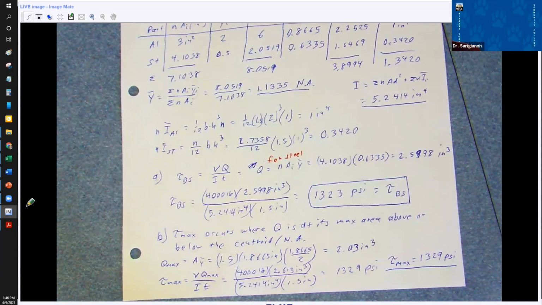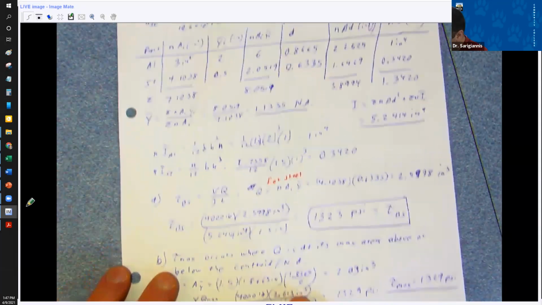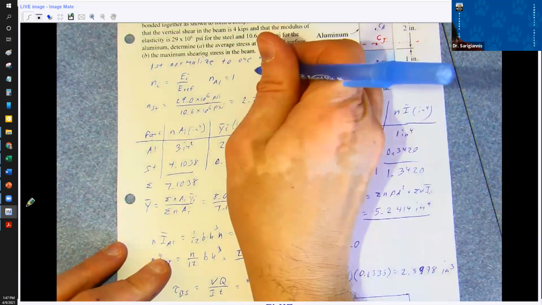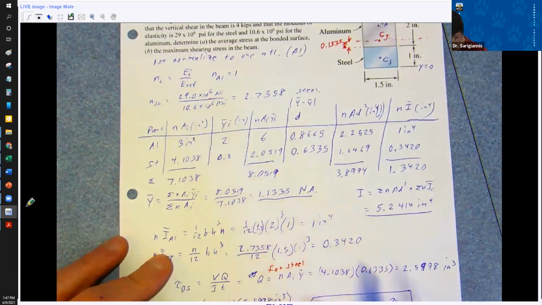Ooh, just enough time here. This is basically how you do the problem. Let's see. One comment about the steel. I just want to sketch it out up here. When we do this, I'm going to run out of room.